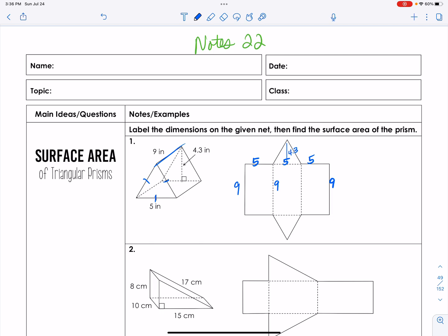So I know there's 2 triangles, so I'm going to figure out what 4.3 times 5 is. So 15, carry the 1, that's 21. So it's 21.5, but it is a triangle, so you multiply those and then you divide it by 2. 21.5 divided by 2.